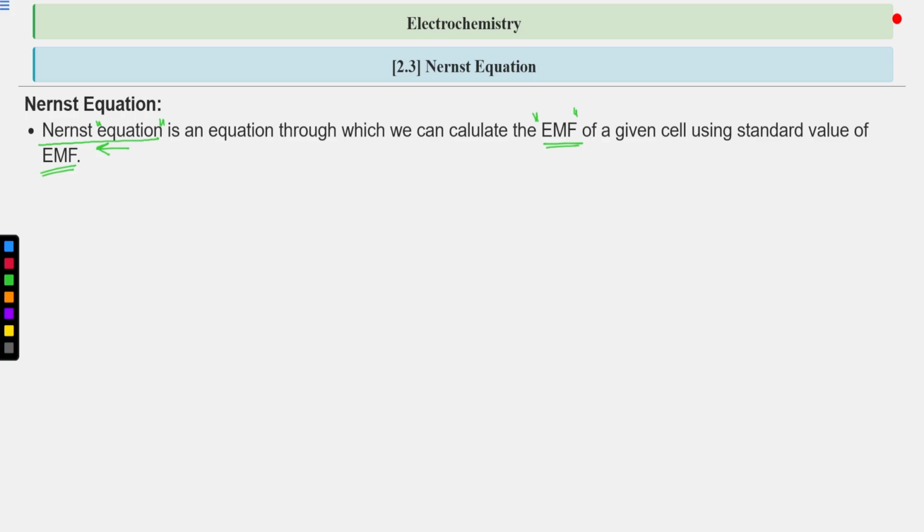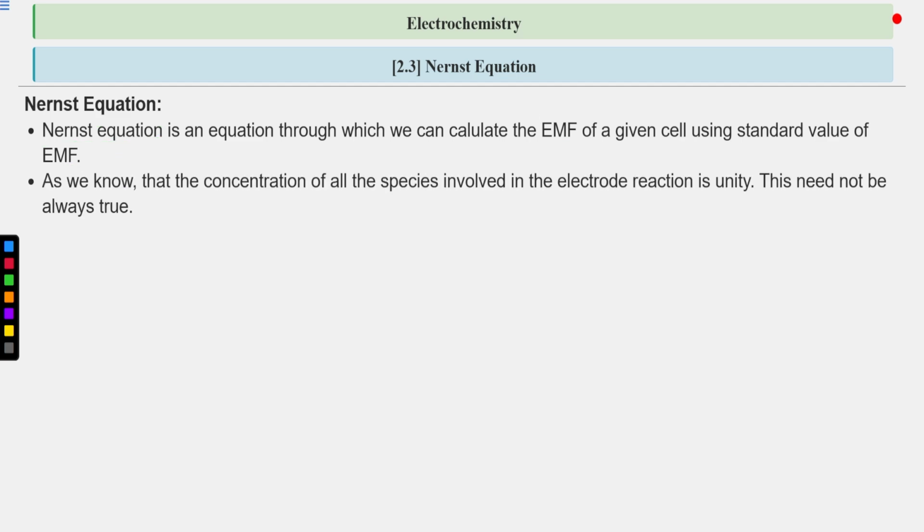That E0 is the standard value of EMF. So with the use of those E0 values, how can we calculate the EMF of a full cell, of a given cell? For that, the equation we will use is known as the Nernst equation.